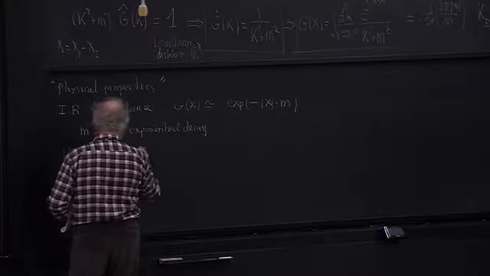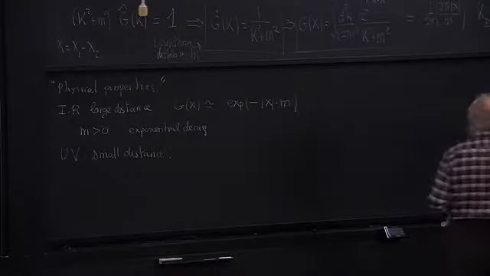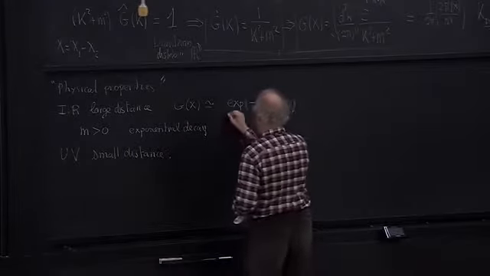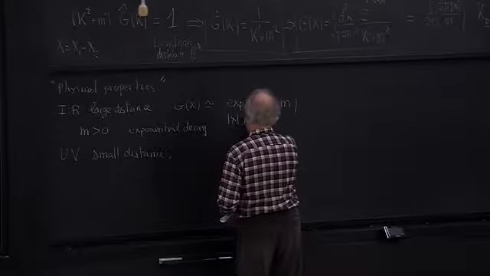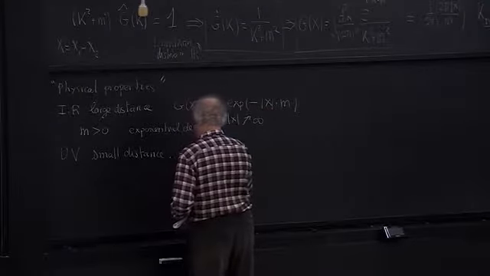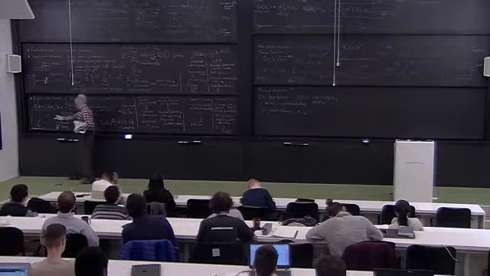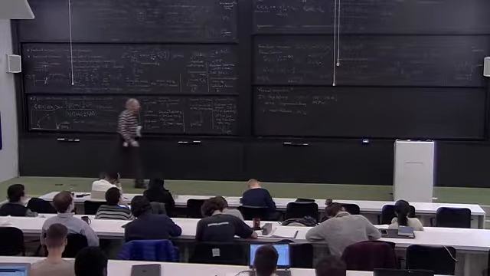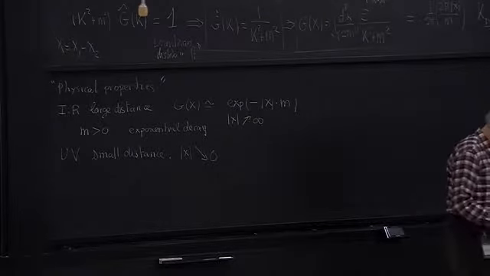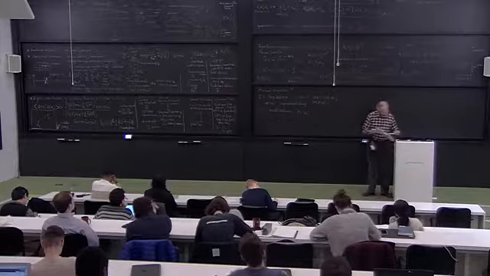Now, what is the ultraviolet, small-distance behavior? That's where things become interesting. This was the behavior when x goes to infinity. What's the behavior when x goes to 0, when the two points are very close? The explicit result has a coefficient that I'm not writing.